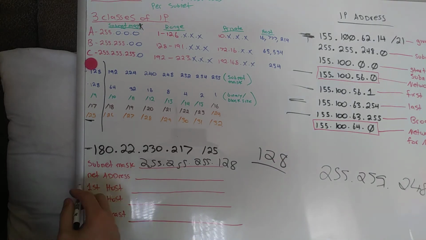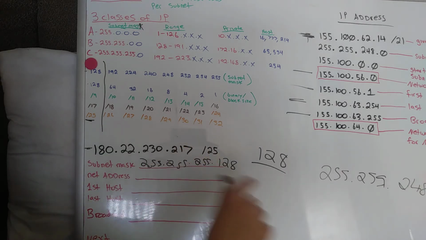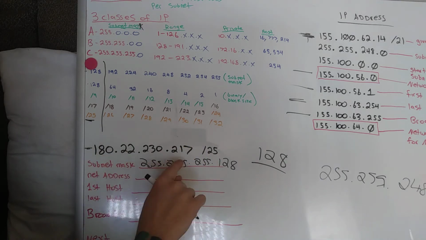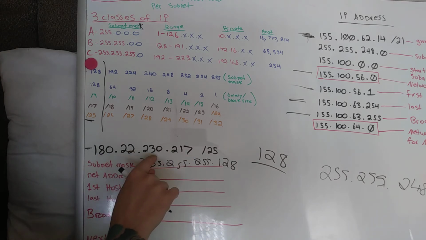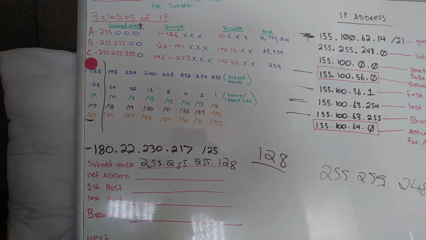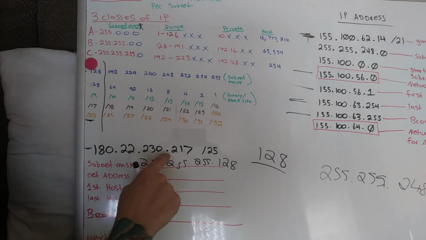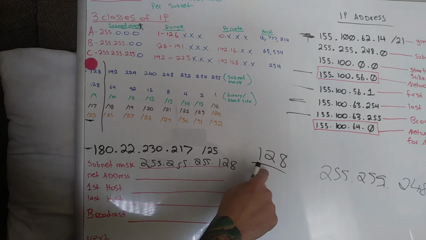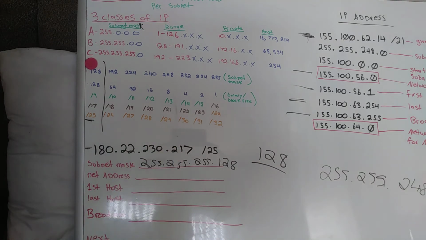So, let's go ahead and write this. We know that we're working in the last octet. So let's imagine 180.22.230.0. That's where our subnetting would start. So if we're using a block size of 128, we would start at 180.22.230.0, and it would go to 128. Well, we're looking for a 217. That doesn't fall within there, right?